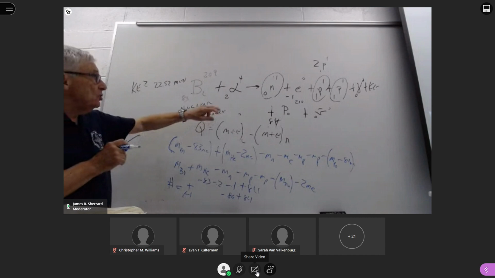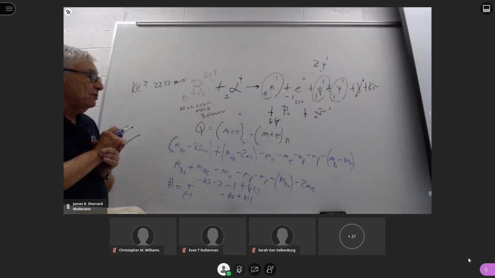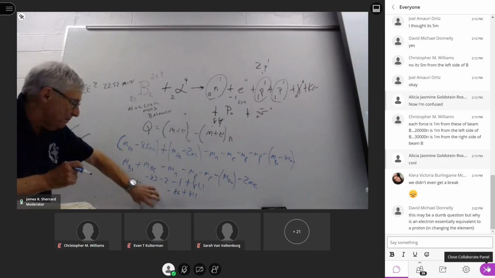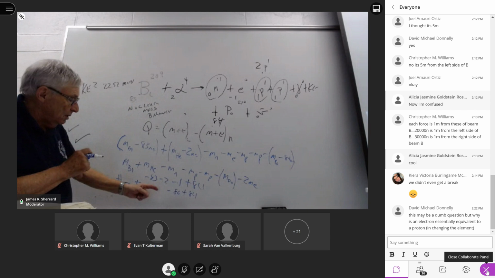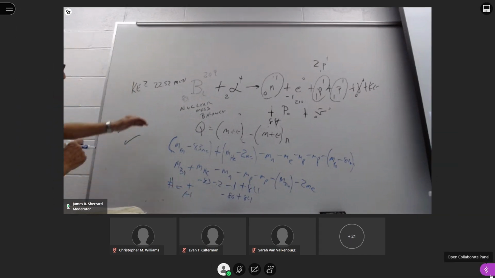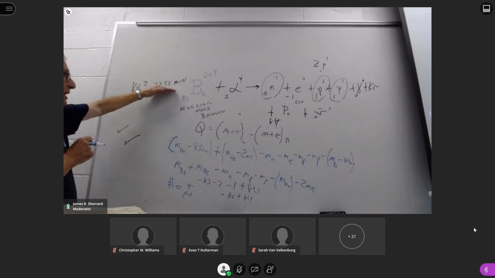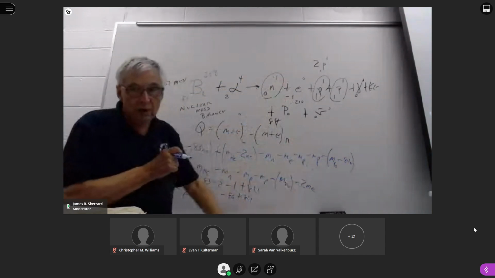In this particular case, I asked you, what would the energy of the alpha particle have to be? We looked at that mass difference. It was negative. We multiplied that by the 931.15 MeV per AMU, and we came up with this amount of energy, which is the minimum required for the alpha to have in order for this reaction equation to occur.